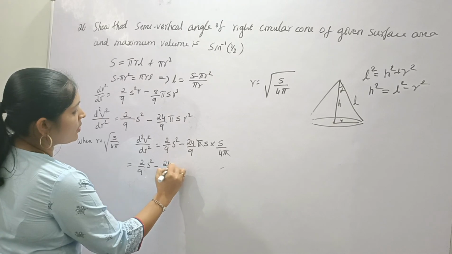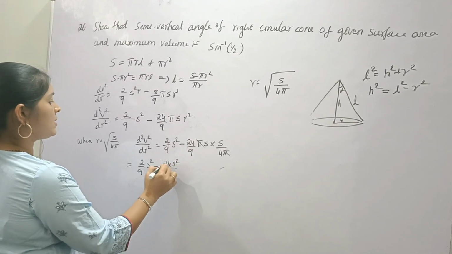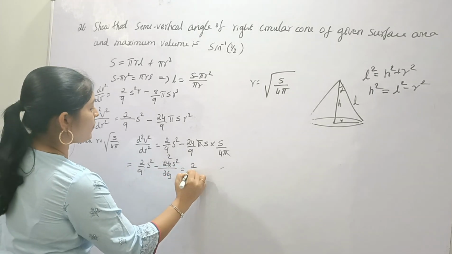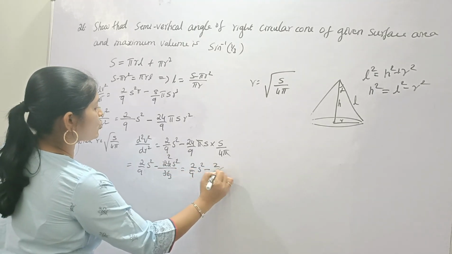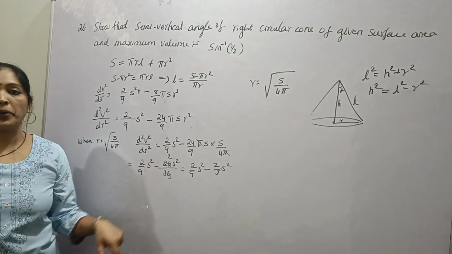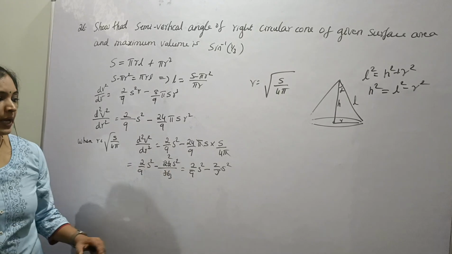Then it will be 2 by 9 s square minus 24 s square divided by 36. That is 12 2s are 12 3s are. So 2 by 9 s square minus 2 by 3 s square. See which is greater, 2 by 9 or 2 by 3? 2 by 3, right? Obviously 2 by 3 is greater than 2 by 9.